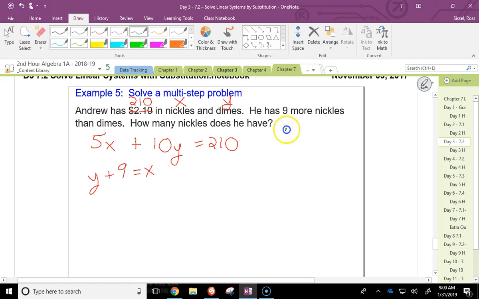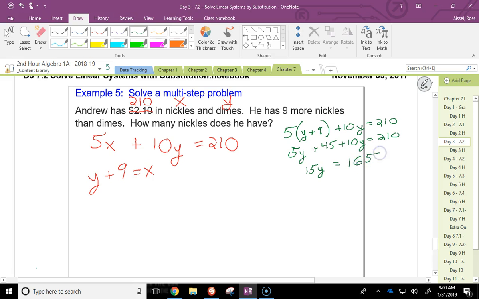So I could go in here and say 5 times y plus 9, plus 10y equals 210 cents. 5y plus 45 plus 10y. I'm trying to go a little quick through this because we're almost out of time. We'd have 15y. If I minus 45 from each side, 210 minus 45 is 165.